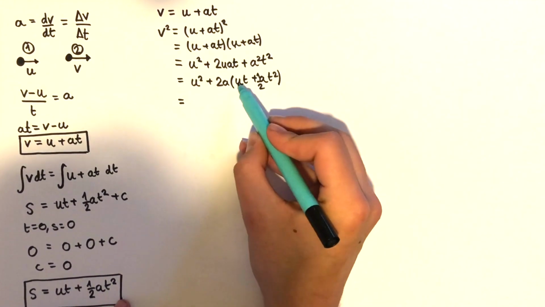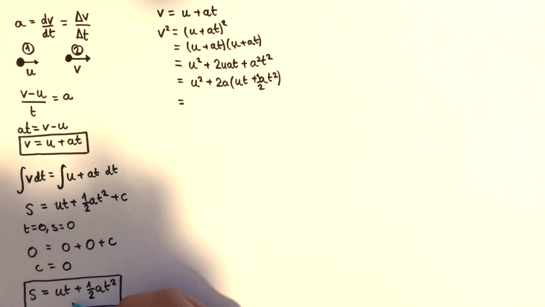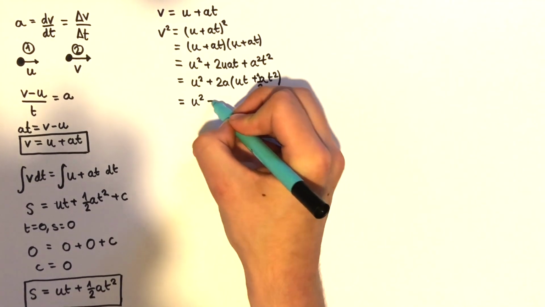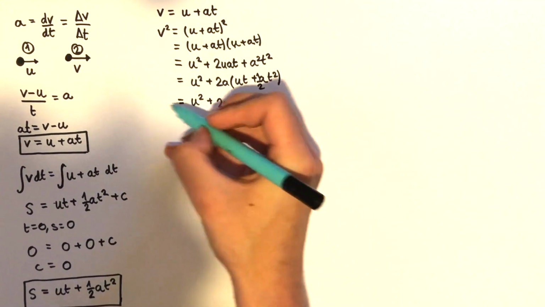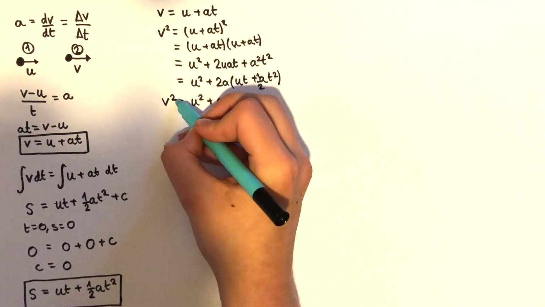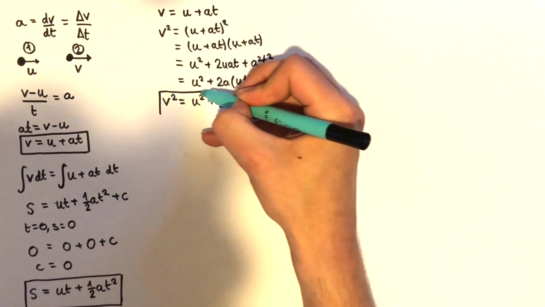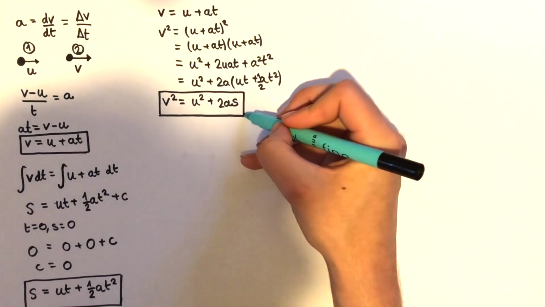But you'll notice ut plus a half at squared, what is that? Well, look down here, it's simply s. And so we can then just substitute in u squared plus 2as. So we get v squared equals u squared plus 2as. And that is our third and final kinematic equation.